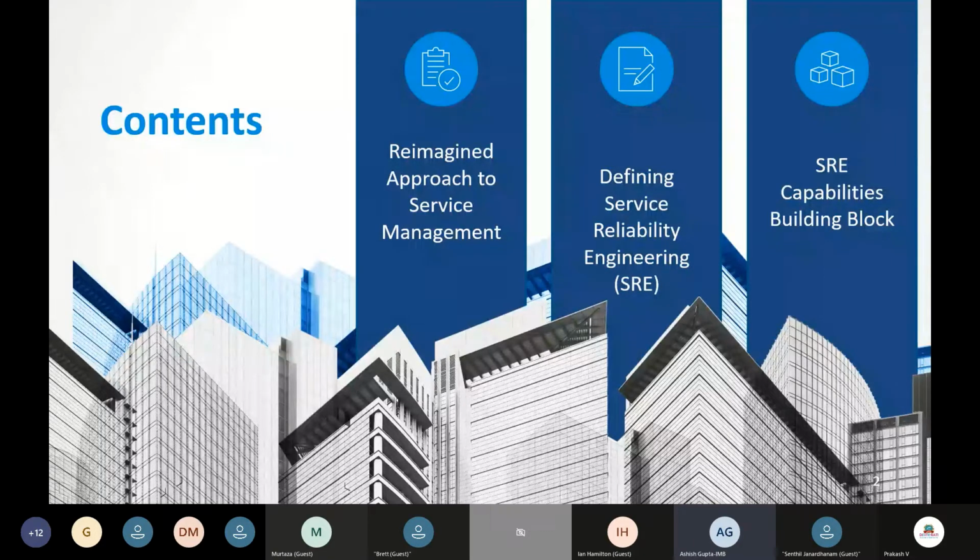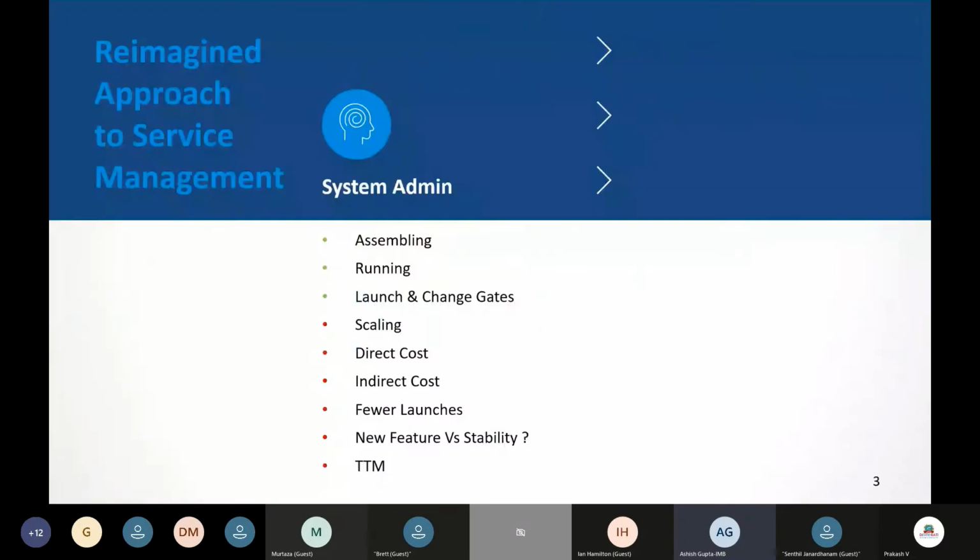I'm going to take you back in history, to 2003, when Google came forward and envisioned the best way to handle their systems and services.